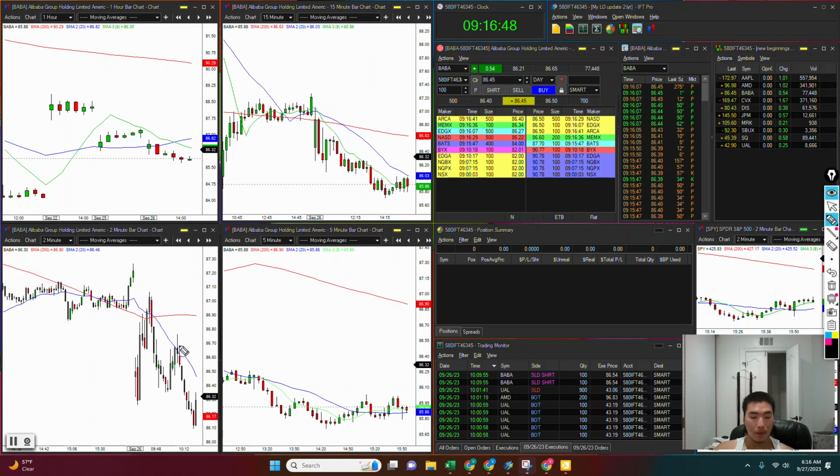Then you get a pullback to the declining 20, pretty much staying below 50% right here. Just visually you can see that. So I went here with 6 lots, and I saw the 20 was dropping. So it was kind of already deep down here. I didn't want to have my stop all the way up there.